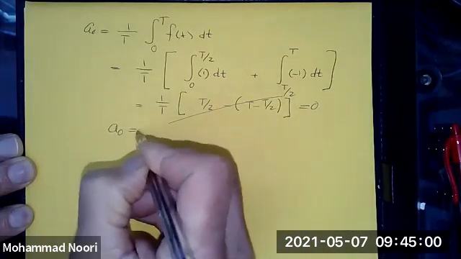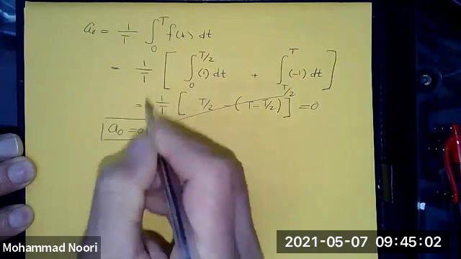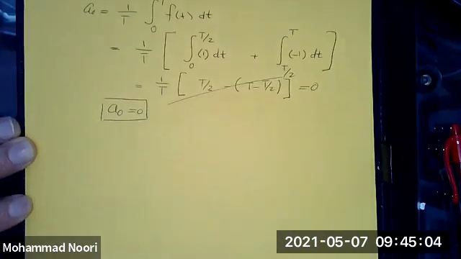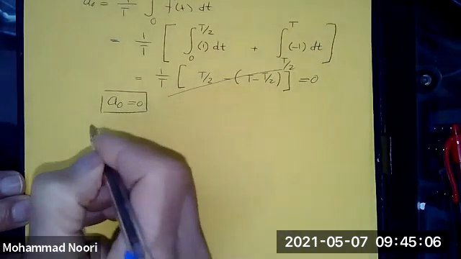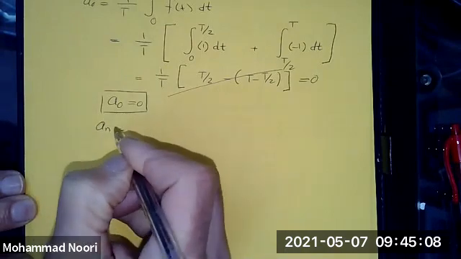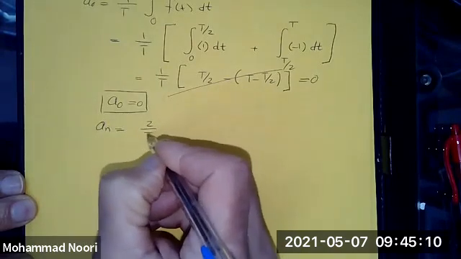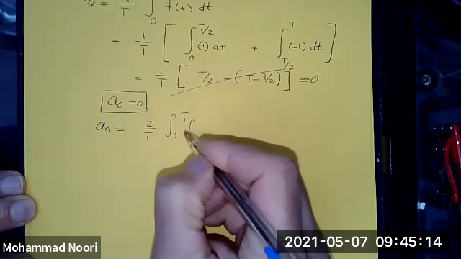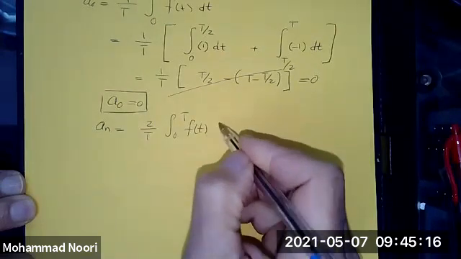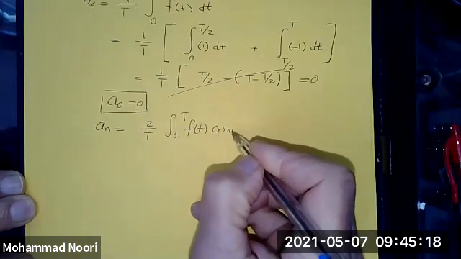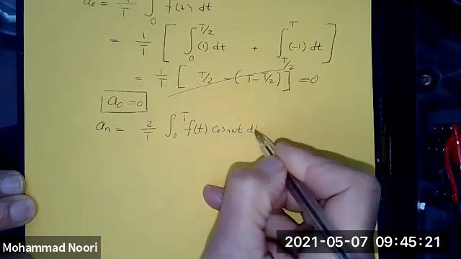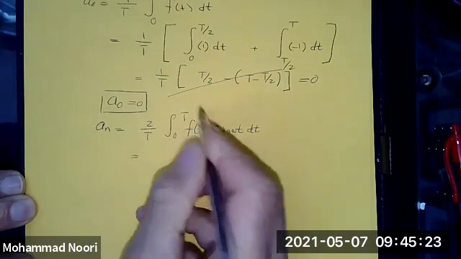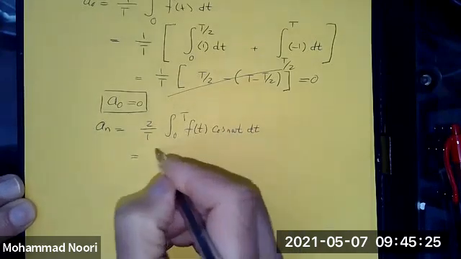Therefore, A naught for this function will be 0. So let's do AN. AN is 2 over T, integral from 0 to T of f of t cosine of n omega t dt.